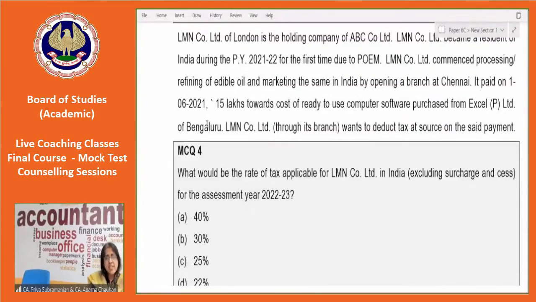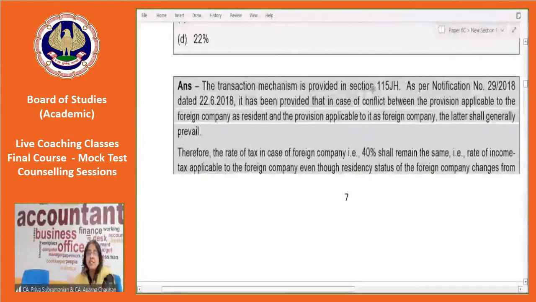But as far as rate of tax is concerned, the Act itself specifies the rate for a domestic company and for a foreign company. And the CBDT also has specifically clarified that wherever there is a conflict between the provisions applicable to a resident and provisions applicable to a foreign company, the latter will prevail. Okay, a transition mechanism is provided for the first year in 115JH.